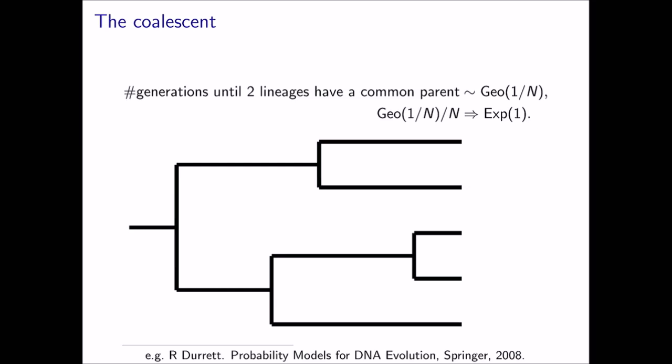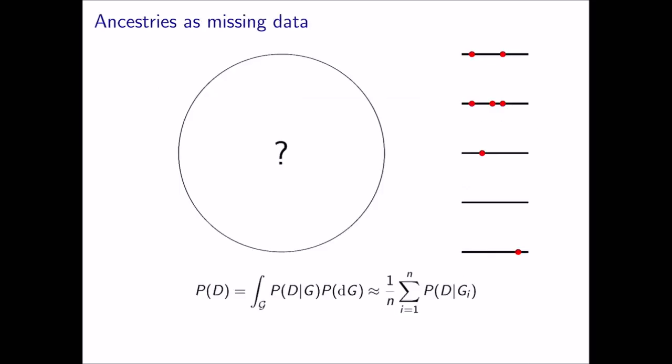So in that sense, morally, it's a good model to look at, but it's also a complicated one because these ancestries are unobserved. In virtually all cases of biological relevance, what you get is a sample which you can think of as coming from the leaves of that coalescent tree on the previous slide.